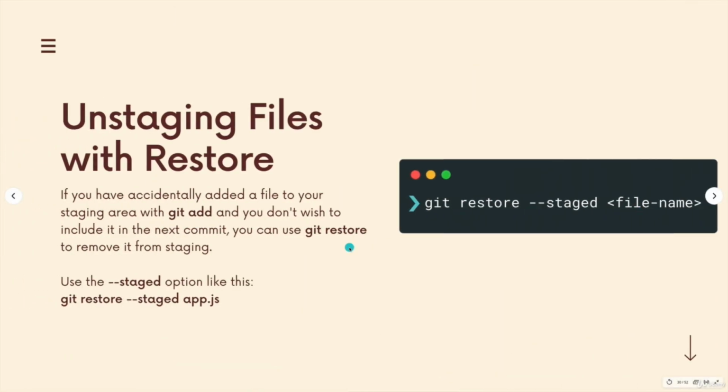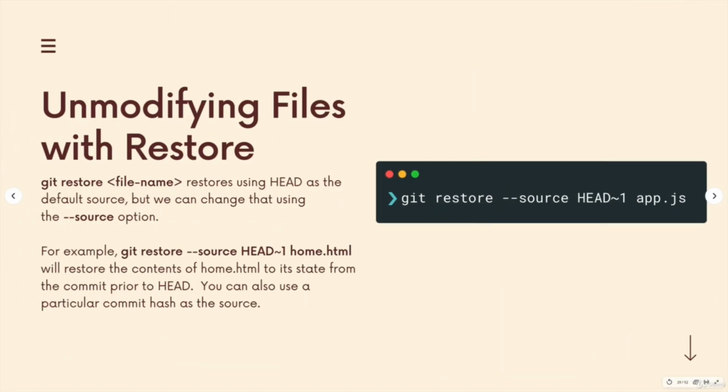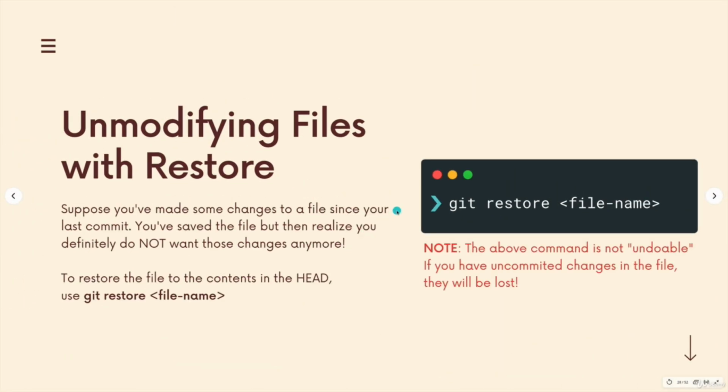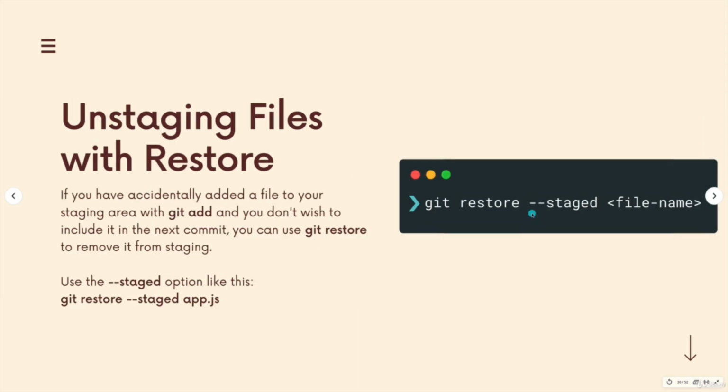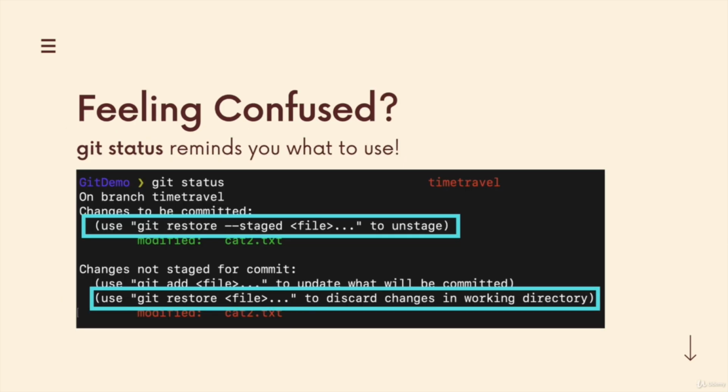The two purposes for git restore. One is to unmodify a file or files, and the other is to unstage a file or files. Fortunately, if you use git status, Git will tell you at any point. It reminds you how to do both of them.